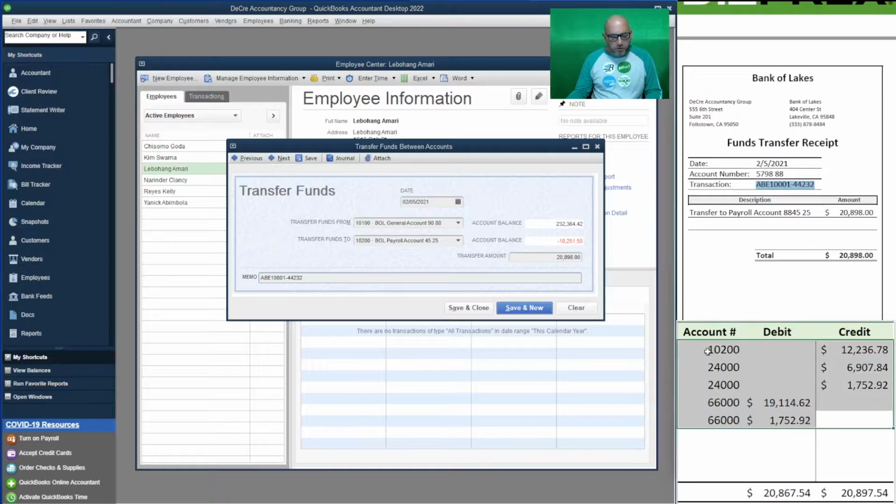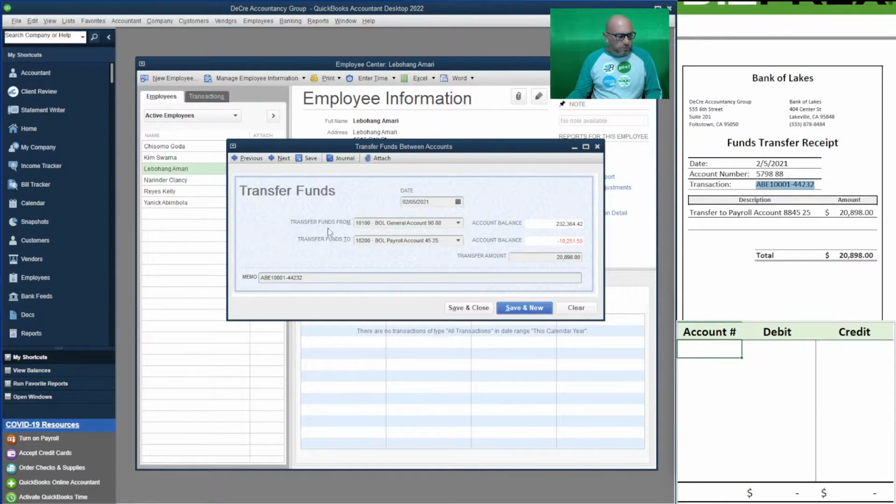Okay, debits and credits. We know them and they're giving them away right here. Two accounts are being impacted, both are assets. One asset is going up, the other asset is going down. Which asset is going up? Payroll account. We're funding it. $20,898 is going to our payroll account.